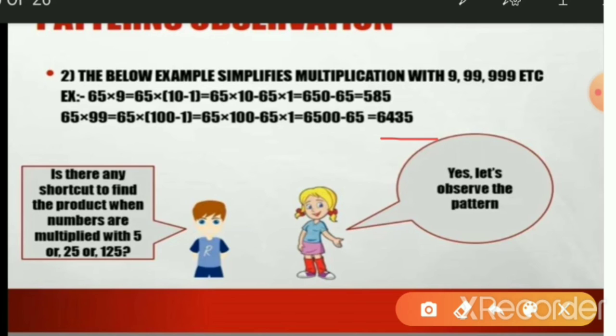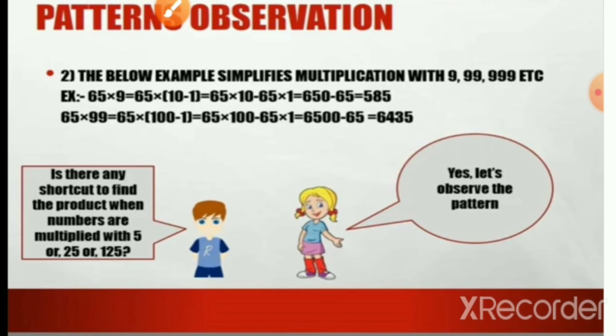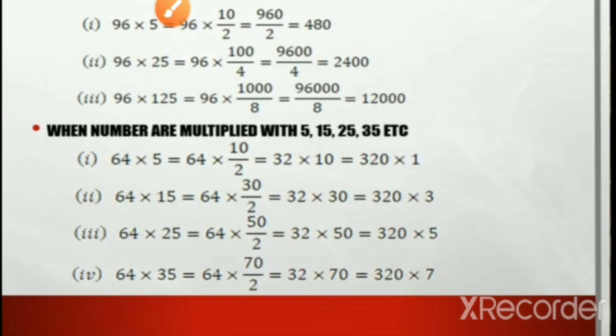Now, is there any shortcut to find the product when numbers are multiplied with 5 or 25 or 125? Yes, let's observe the pattern. Now here you can see the pattern. The first question is 96 multiply with 5.